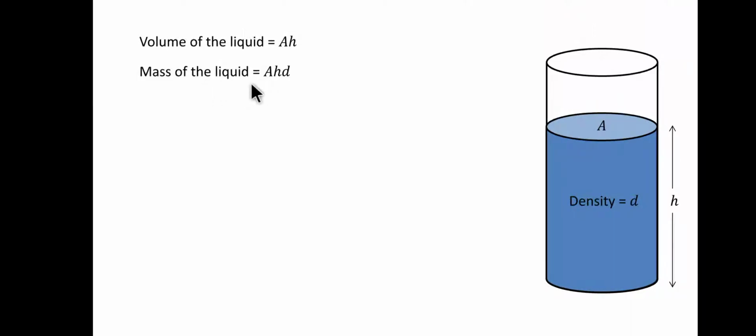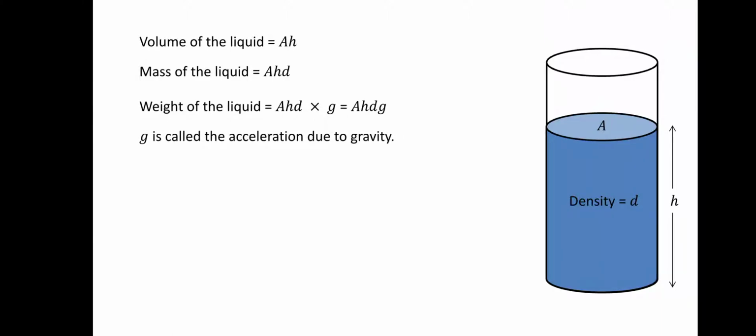Now we have got the mass, then we can say that the weight of this liquid acting downwards will be equal to its mass multiplied with the factor named g, so the weight of the liquid becomes AHDG, and this g is actually called the acceleration due to gravity, which you will learn about in class 9.